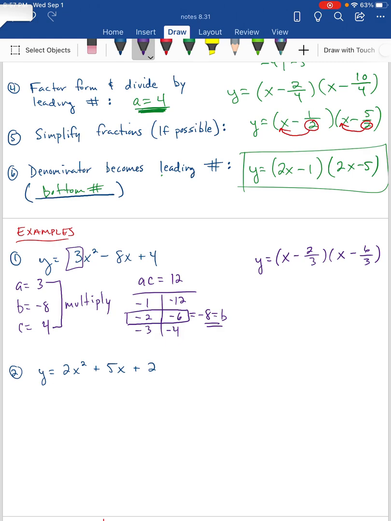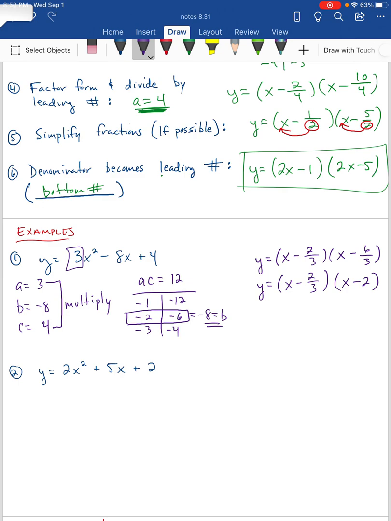Next step is to simplify the fractions if it's possible. Now 2 over 3 is already simplified, so I'm going to leave it like that for now. 6 over 3, however, can be simplified, and 6 over 3 is just 2. 6 divided by 3 is 2. So I no longer have a fraction there, which is okay.